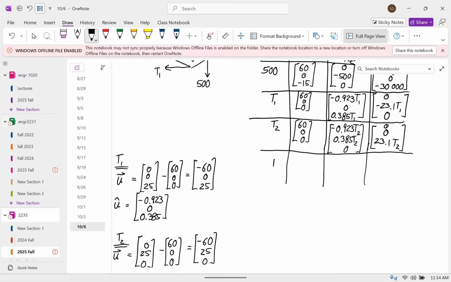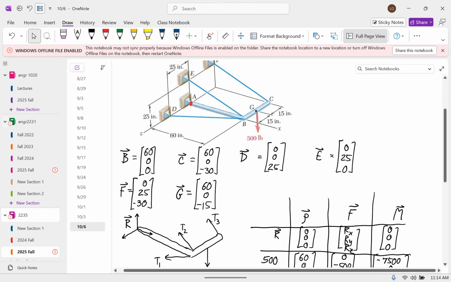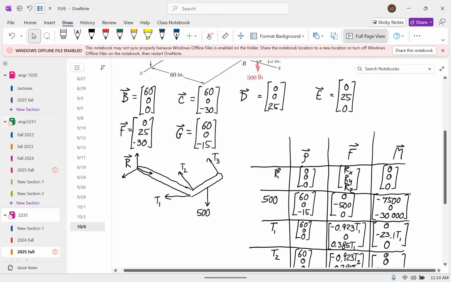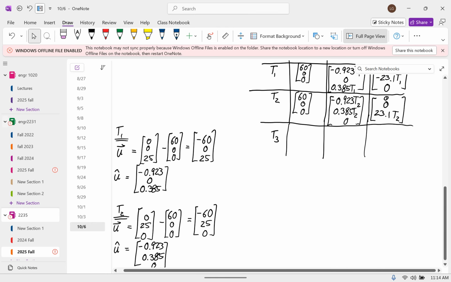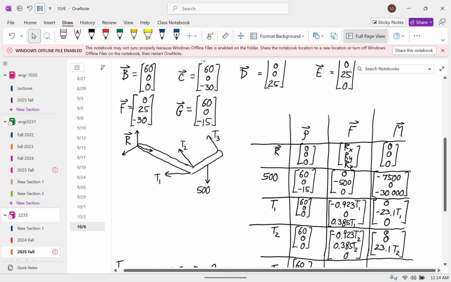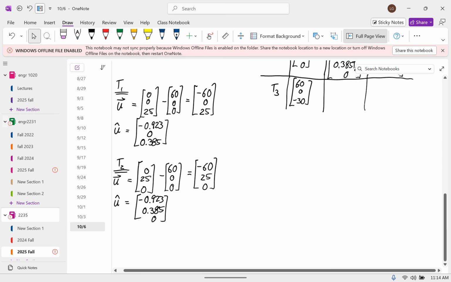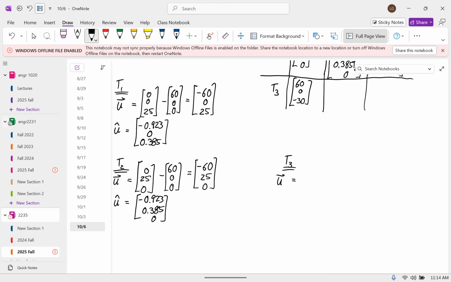And then the last one is T3. And that is acting at the point C. So the row vector is 60, 0, negative 30. The force vector. So here's a vector in the right direction.